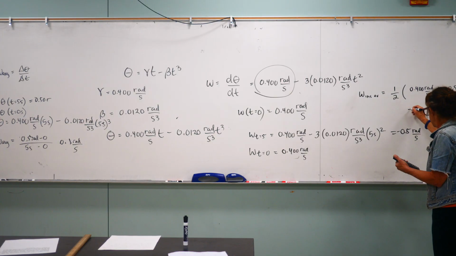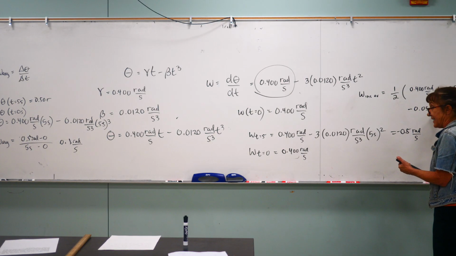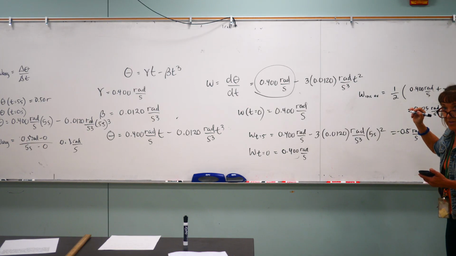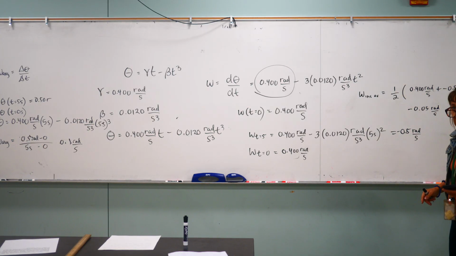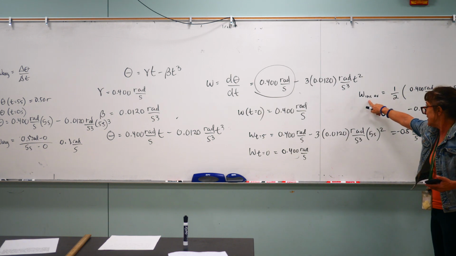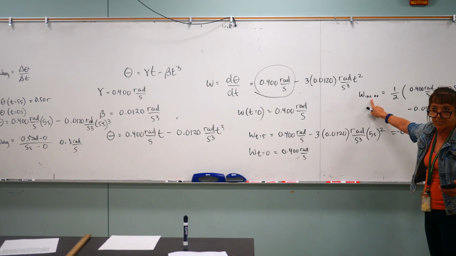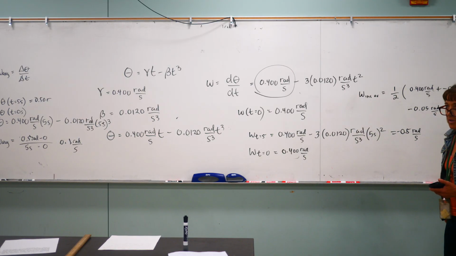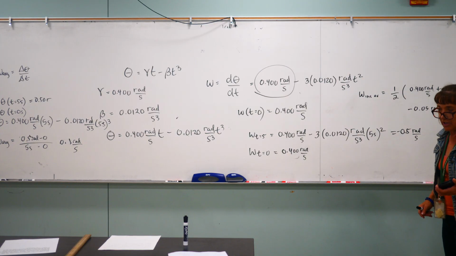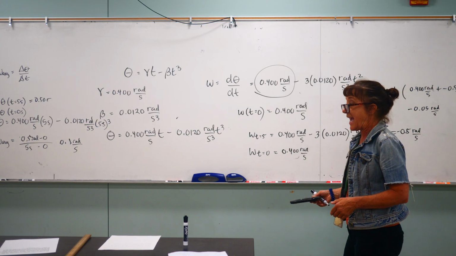I get negative 0.05 radians per second. Is that what you got for the average of the two? What does it say? Omega instantaneous average. Okay, good.